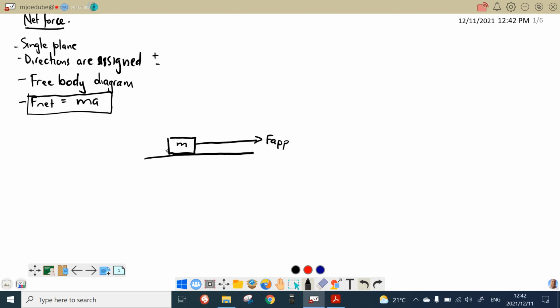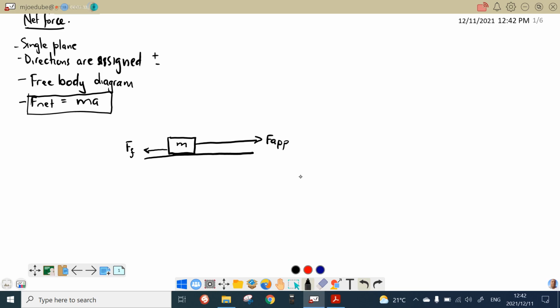And in the opposite direction, let us say there is a force due to friction, which I'll just refer to as FF. What is the net force that acts on that object if the object moves with a constant velocity? If you're given that scenario, you are told that the object moves with a constant velocity.